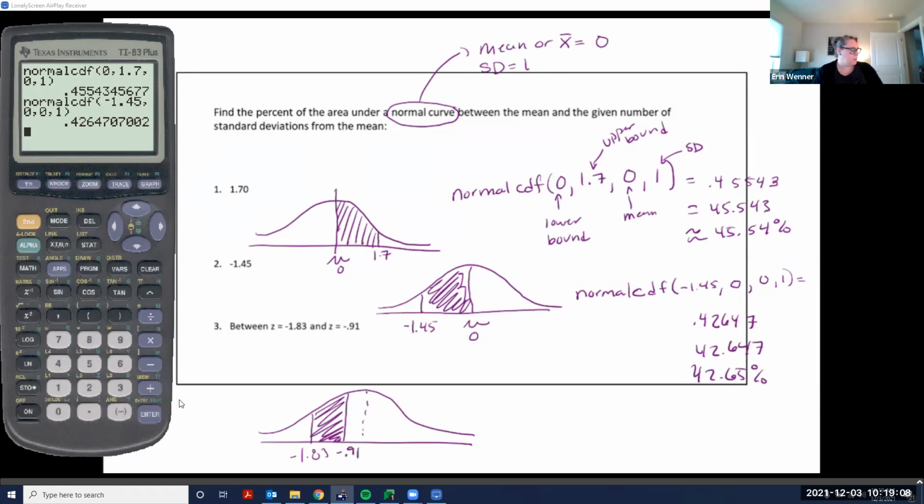Think about what we're putting in. So you're going to do normalcdf, but you need to fill in those first 2 positions. And again, send me your answer as a percentage rounded to 2 decimal places.